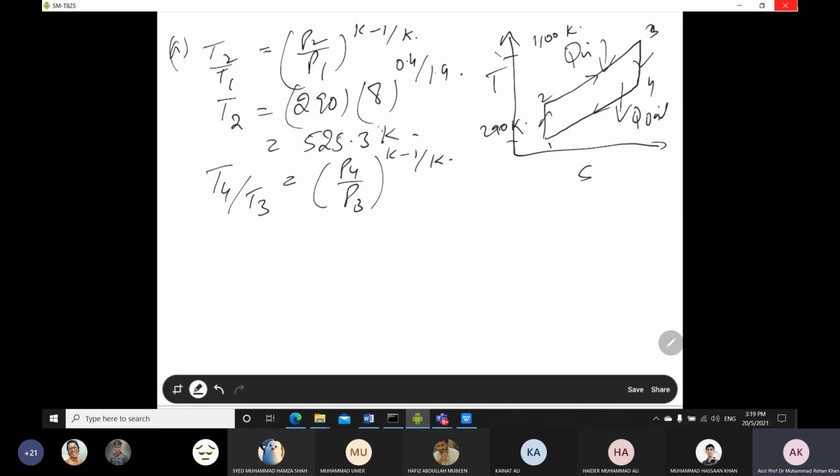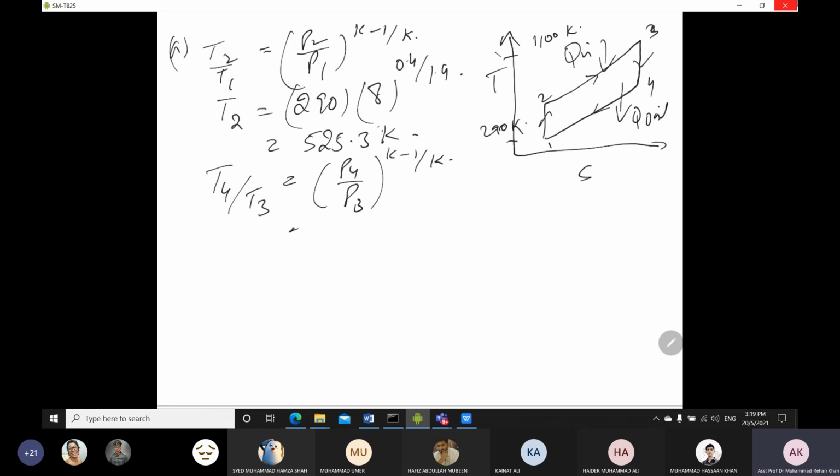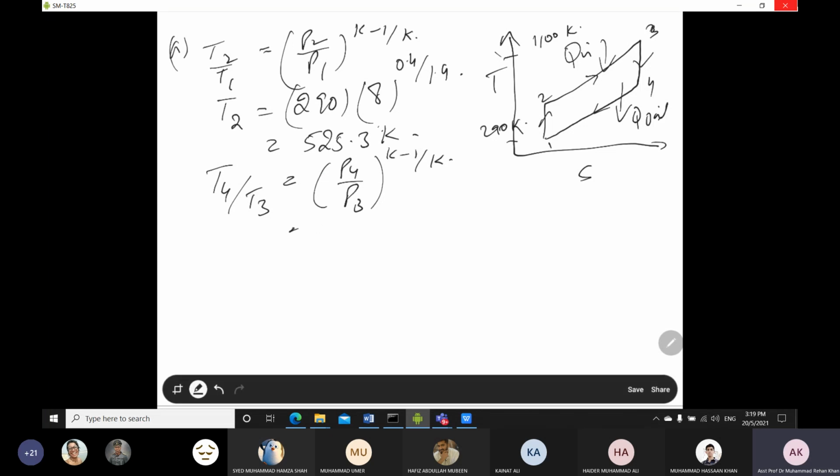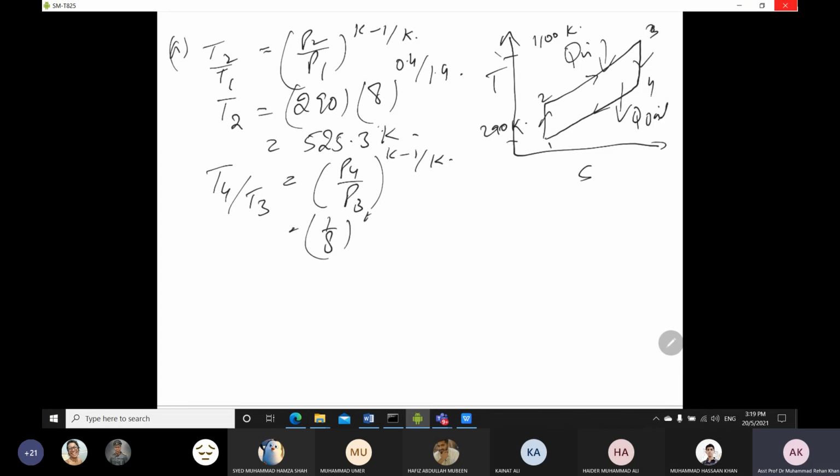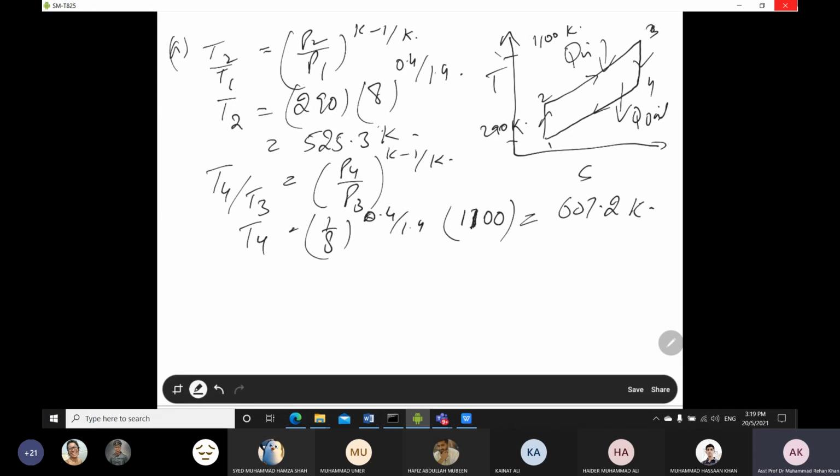P4 over P3 is basically the inverse of your pressure ratio, as we already discussed previously. So 1 over 8 to the power 0.4 over 1.4, and T3 is 1100 Kelvin from your question. Simply solve it and you will get T4, which will be 607.2 Kelvin. Now all the temperature values are known to us.